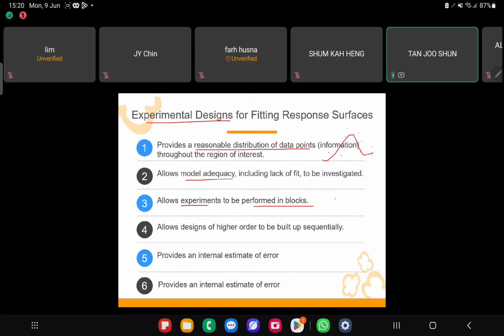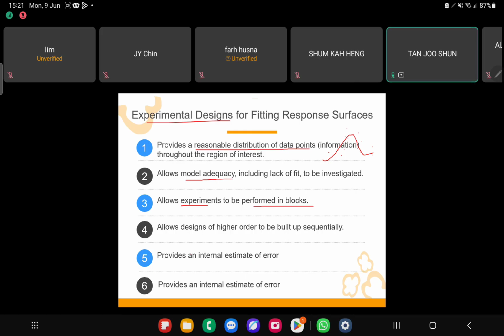Blocking is normally used when you have too many experiment runs. For example, you have 20 experiment runs and your lab can only run 10 experiments per batch. So you do blocking into 2 blocks: the first batch of 10 experiments in the first block, another 10 experiments on another day as the second block.